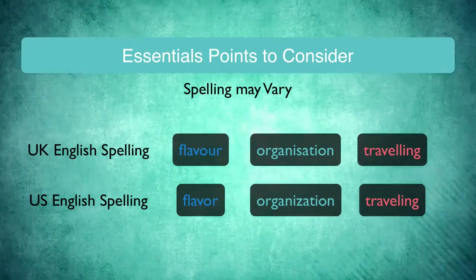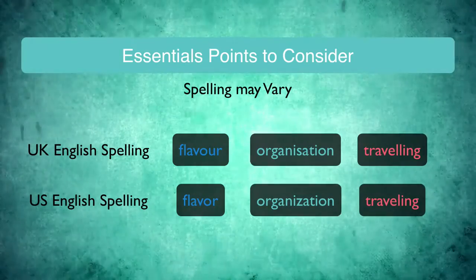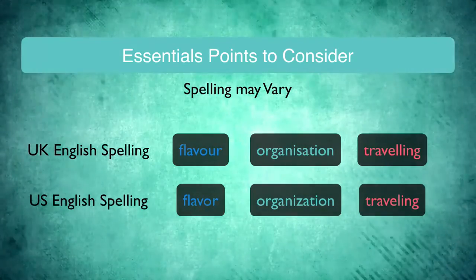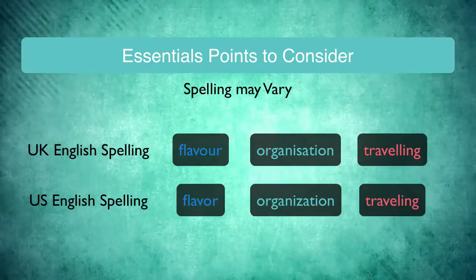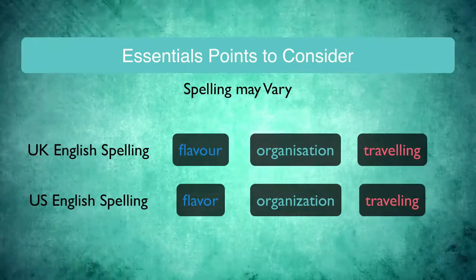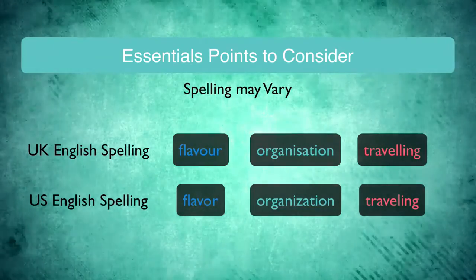So it's helping them become aware so that they can choose and also be able to produce a coherent piece of writing where they go for one spelling or the other.